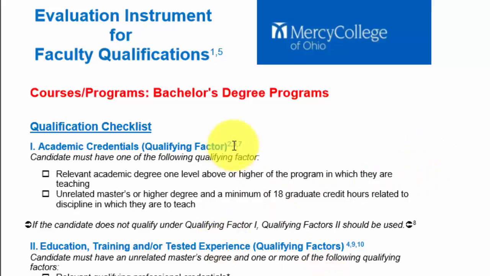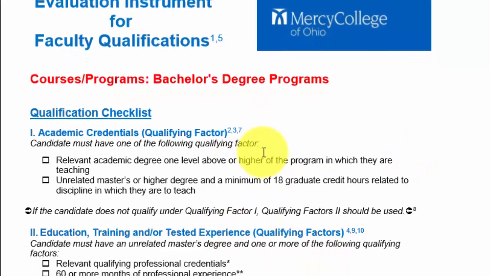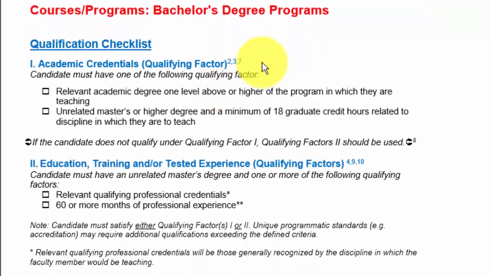And again, we do have the two-step situation in here, the pure academic credentialing, so you can qualify in area 1, which is academic credentials. Candidate must have one of the following. Language is going to look very similar. Relevant academic degree, 1 level above or higher of the program in which they are to teach.